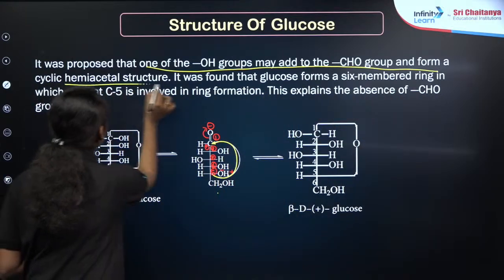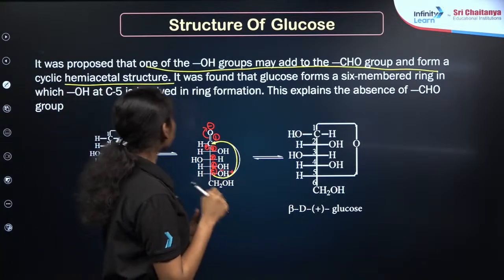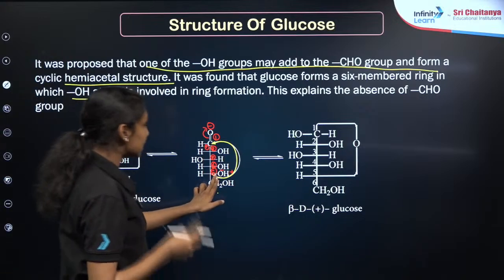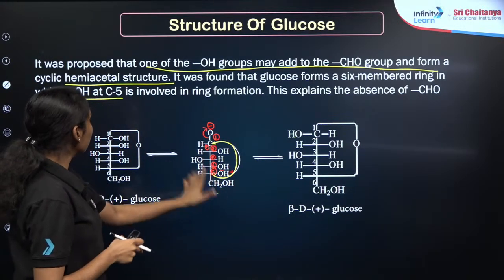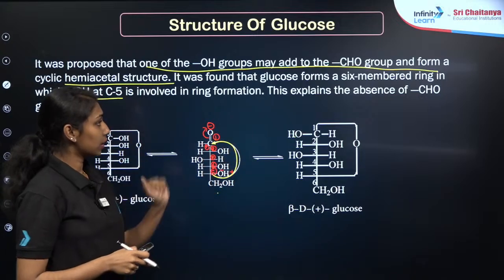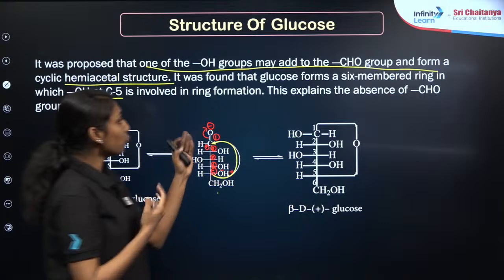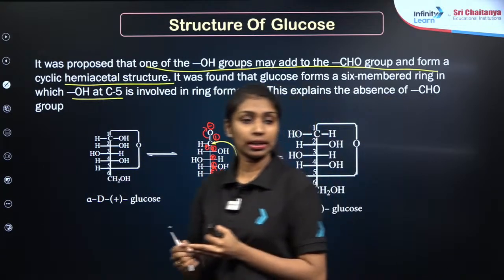Then it was found that glucose forms a 6-membered ring in which the OH at the fifth position carbon is involved in the ring formation. So it indicates the absence of a free aldehyde group in the glucose molecule. Clear?